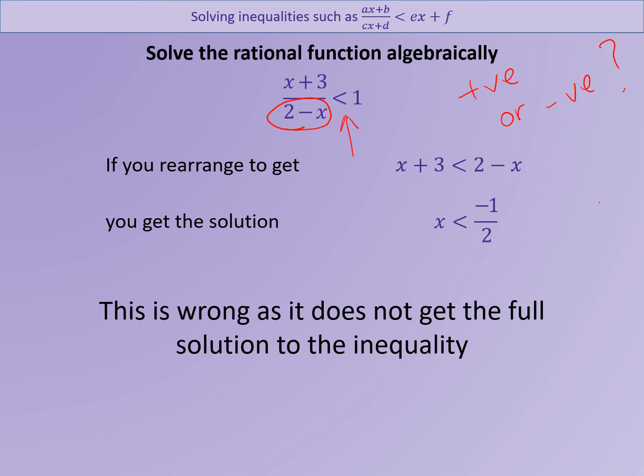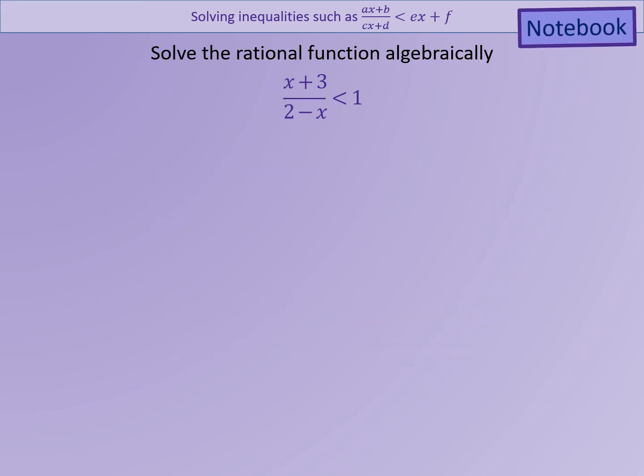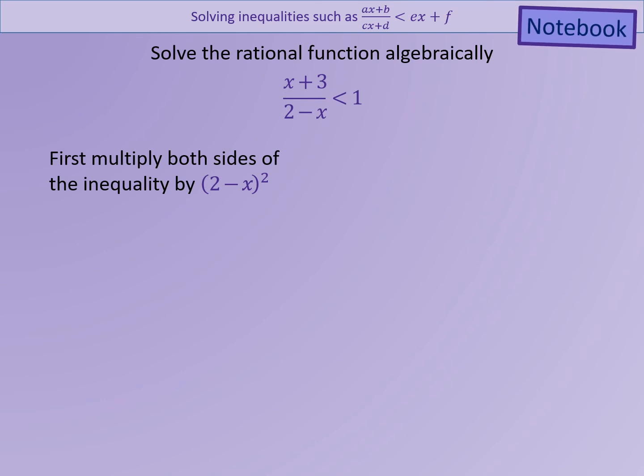And that is really important when you are dealing with inequalities. So let's take a look now at how we can solve this correctly. The correct way of solving this, and this is for your notebook, is you need to multiply by something that is non-negative. We multiply by something non-negative so that we don't change the sign of the inequality, because we actually don't know what the value of x is. The only way to make sure that something is non-negative is to have something that is squared.